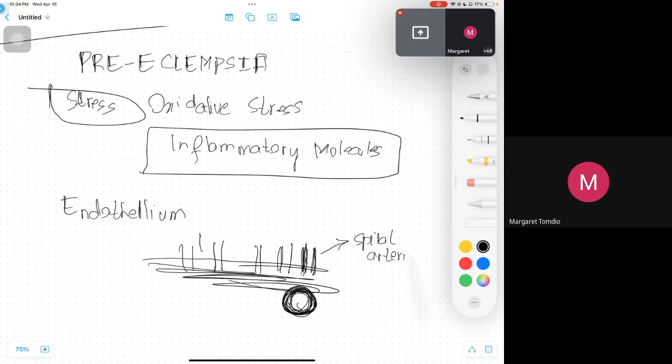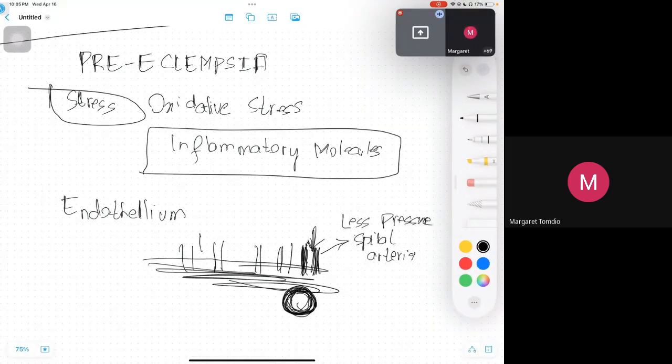So the cytotrophoblast causes the spiral arteries to become high volume and low pressure arteries. It will increase the diameter of these arteries, so more blood flows into this artery and there is less pressure.